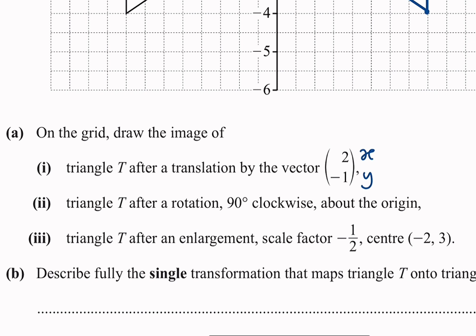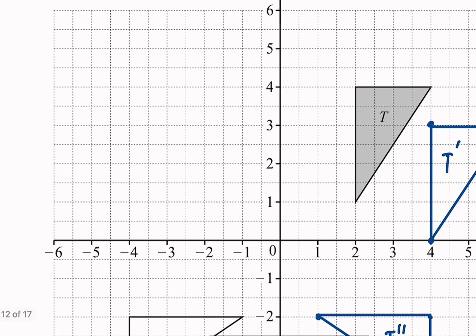Draw the image of triangle T after an enlargement. Scale factor -1/2 at the center, -2 and 3. The first thing that I want to do is mark the center of an enlargement. Therefore, -2 and 3 is this.